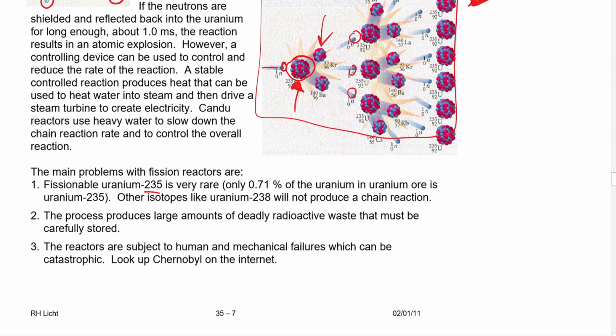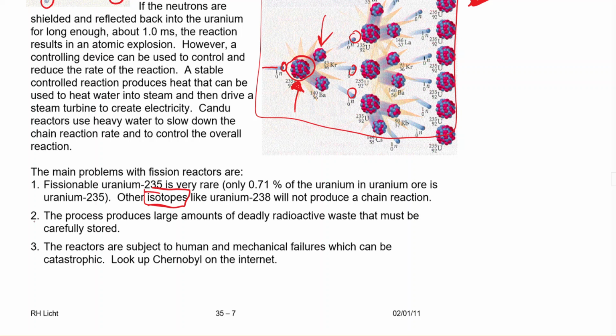You have to mine for it, which takes a lot of energy, and it's hard to produce. That being said, they do have other atoms that are good contenders, and they're getting better at making reactors out of different types of isotopes all the time. There's a lot of progress in finding different fissionable materials.